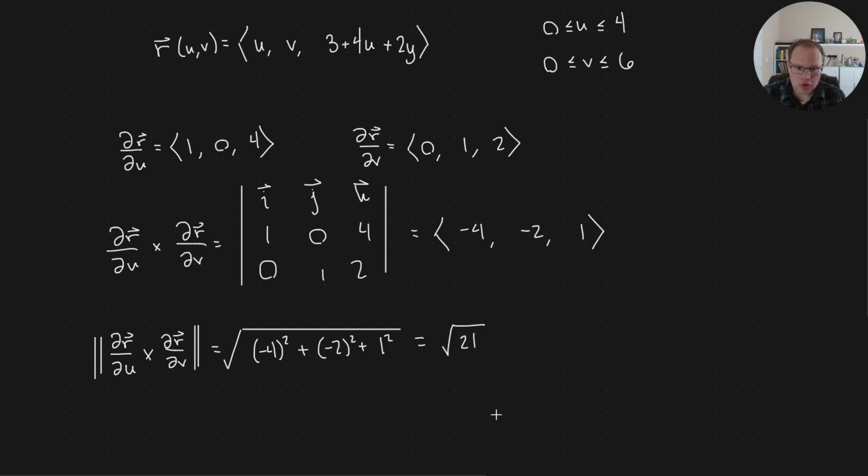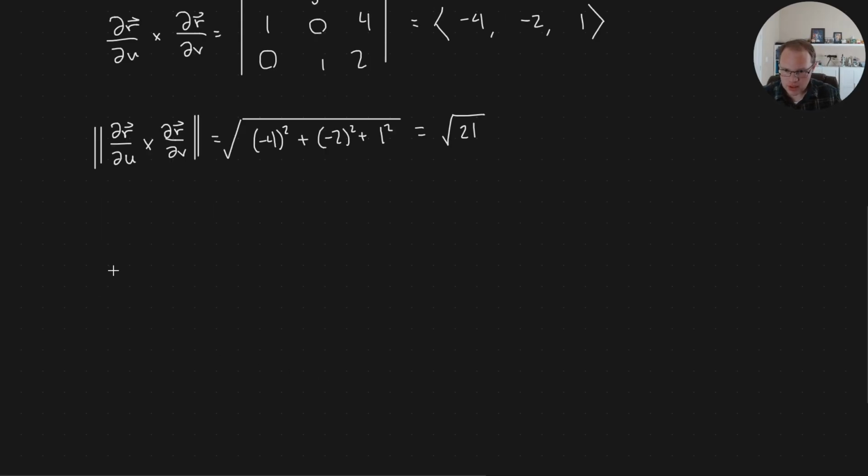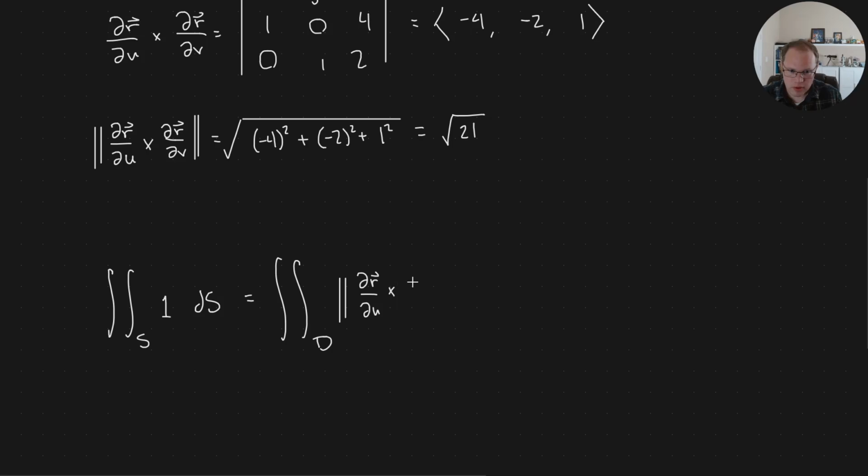Okay, so let's plug that all in. For my surface area, I want the integral of 1 integrated over my surface. So that's going to be the integral of the norm of the cross product of partial derivatives. We just found that cross product of partial derivatives. It's going to be root 21.